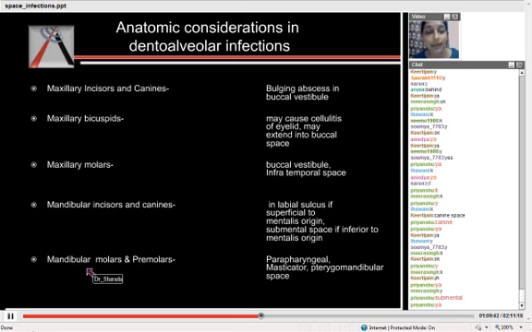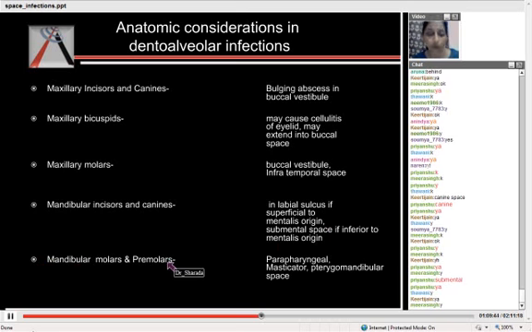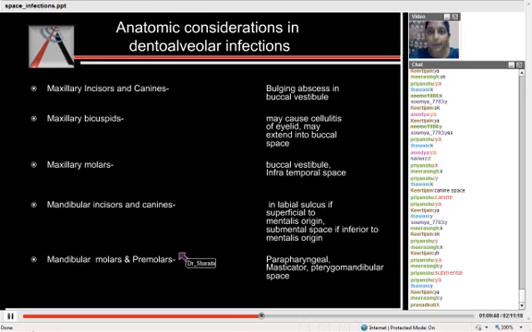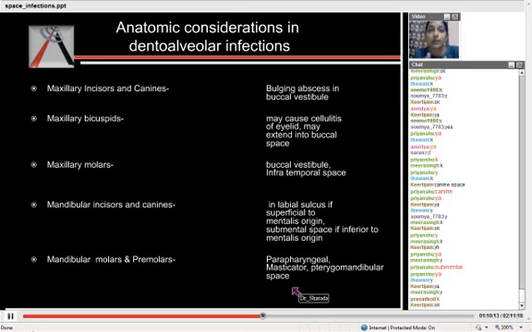Now we go to the mandibular molar and premolar. Like when you talk of maxilla, we go to the upper part of the skull, the infratemporal, the temporal space, etc. Now the lower part is the mandible. Mandible has no way to go in the front, it's going to go backward. That's the only way it can go. It can go parapharyngeal, masticatory spaces, including the submasseteric, and pterygomandibular space. That's how it can move. So when you talk of space infection, the possibility is that it moves in a direction.